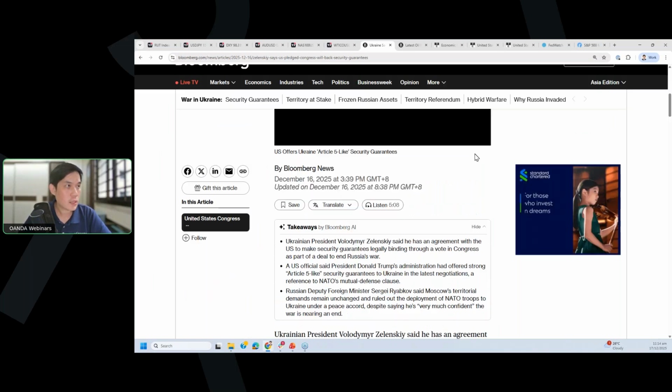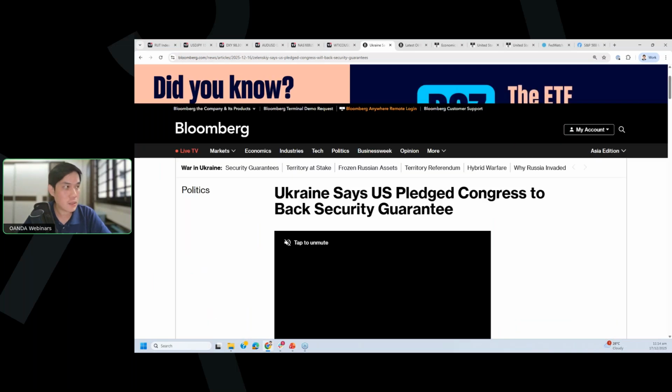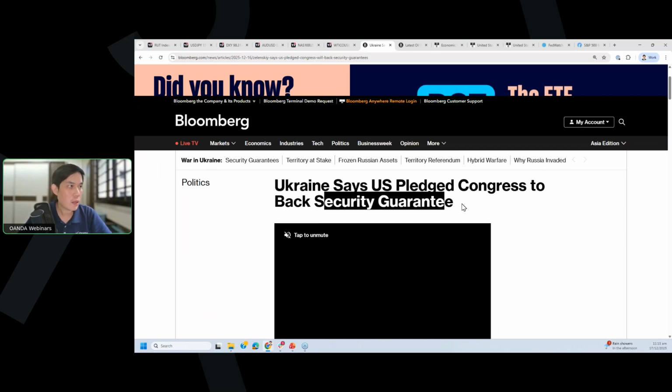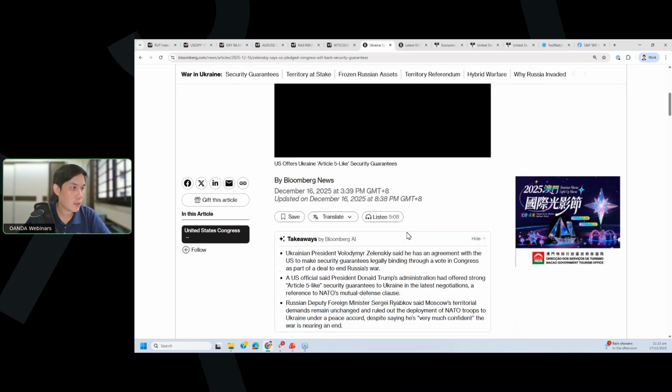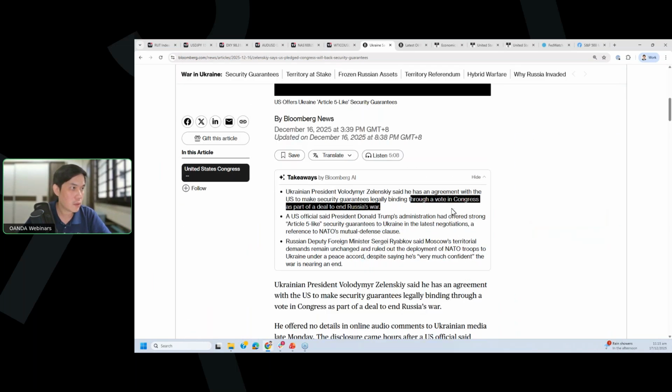So what the US negotiator did is offer Ukraine a kind of security guarantee that is pretty much equivalent to being a NATO member, but not being an official NATO member. And right now, this potential security guarantee as offered by the US White House administration is being put to a vote in Congress, okay, as a part of the deal to end the Russia war.